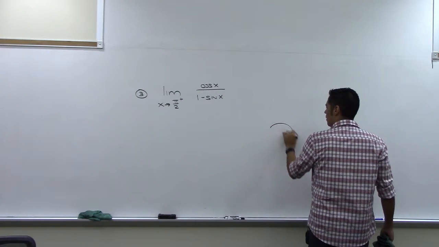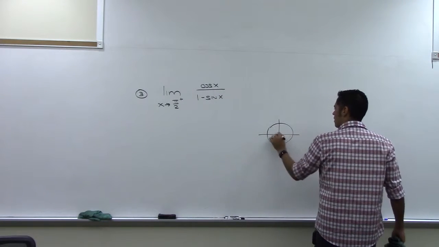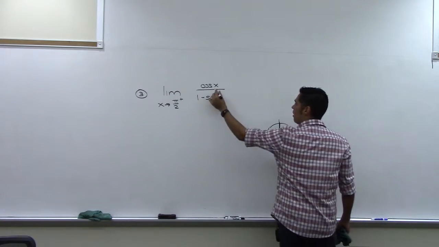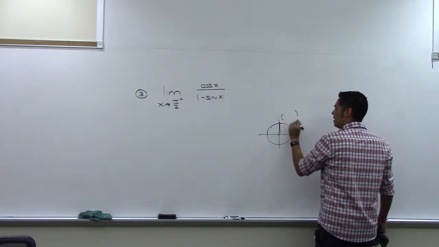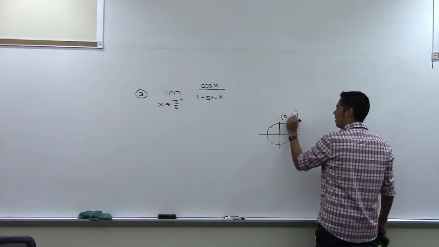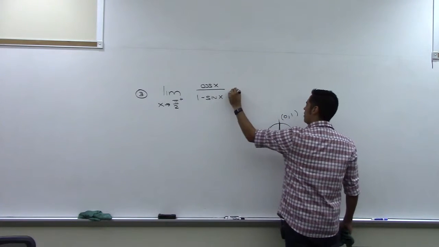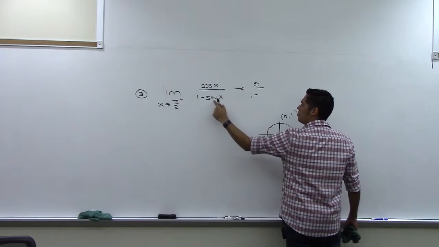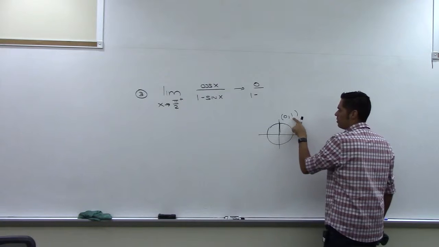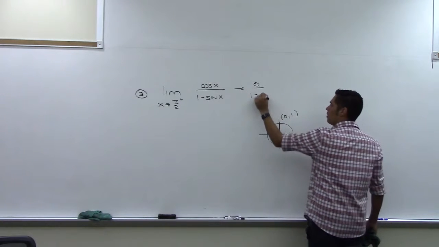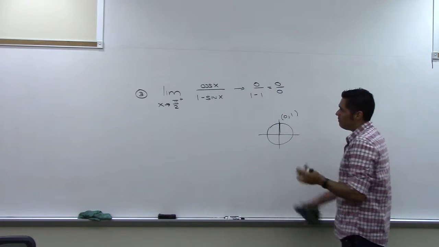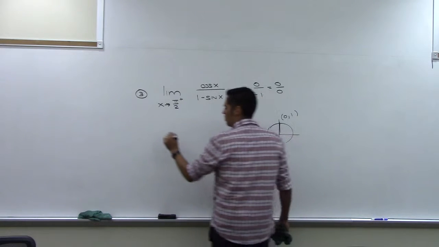Remember, pi over 2 is the angle straight up here. So cosine of pi over 2 on the top is the x-coordinate there. The x-coordinate here is 0, so we get 0 over 1 minus sine of pi over 2. Sine of pi over 2 is 1, so we get 1 minus 1, which is 0 over 0. So we have what we need in order to apply L'Hopital's rule.